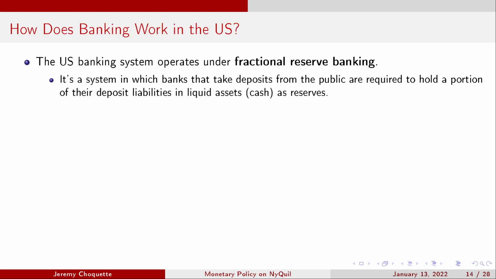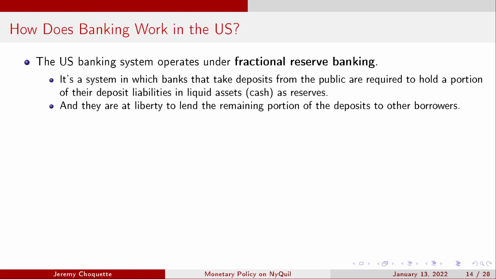And they're at liberty to lend the remaining portion of these deposits. So if you make a $100 deposit in the bank and there's a 10% reserve requirement, they have to hold on to $10, but they can do as they please with that other $90.